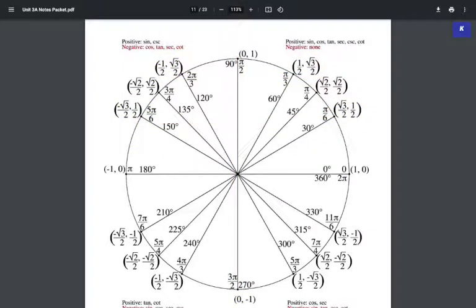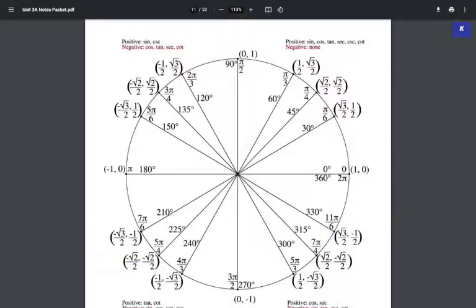Another thing to consider is we could be reflecting over the x-axis. This point is the same distance from the x-axis as this point right here. So these points right here are the same. The only thing that's different is the sign of the y. So they're just reflections over that x-axis. Okay. And that goes for this point to this point, reflected over the y-axis. So the sign of the x's change and so forth.